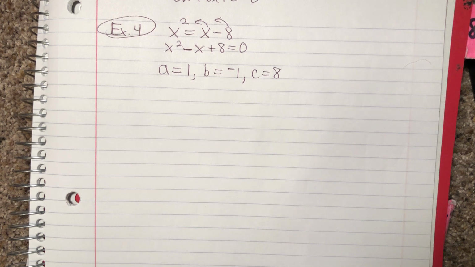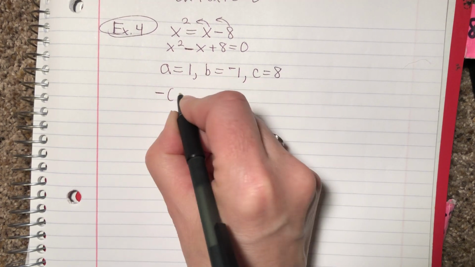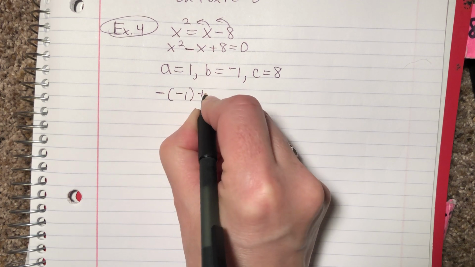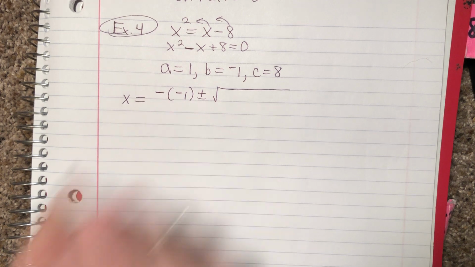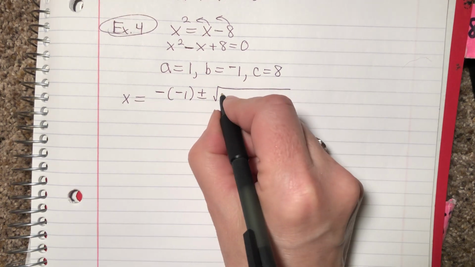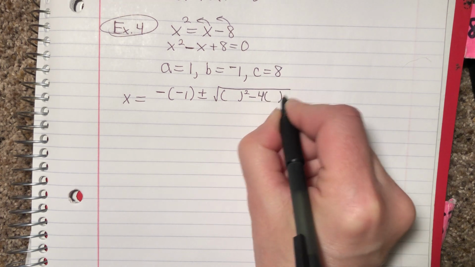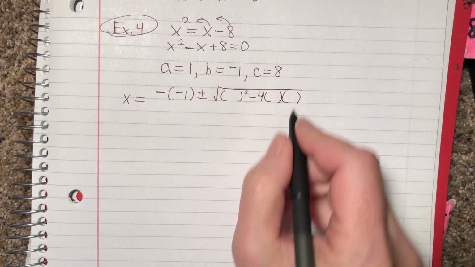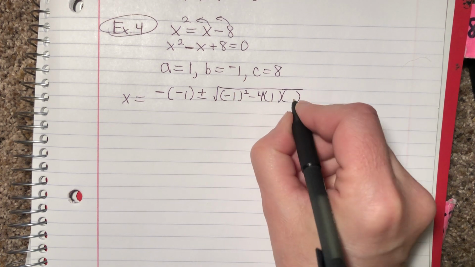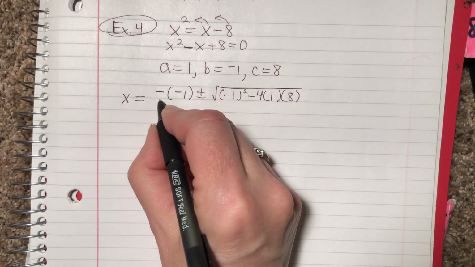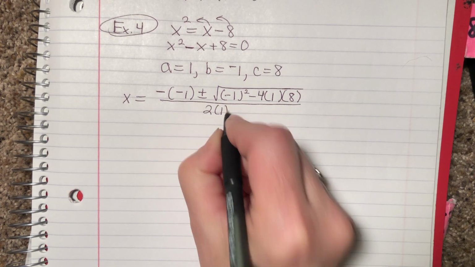So just for time, I'm not going to write the blank formula, but it's negative b, watch your signs, plus or minus the square root, and by the way, it's x equals, so you remember what you're finding. B squared minus 4ac, negative 1, a is 1, c is 8, all over the whole thing, 2 times 1.